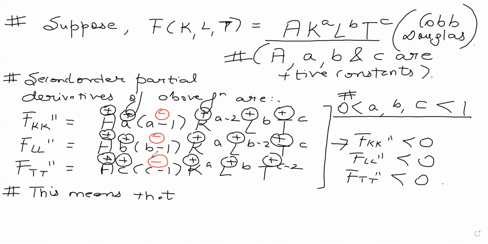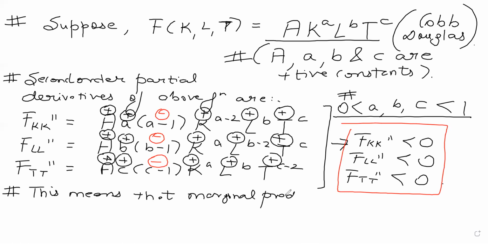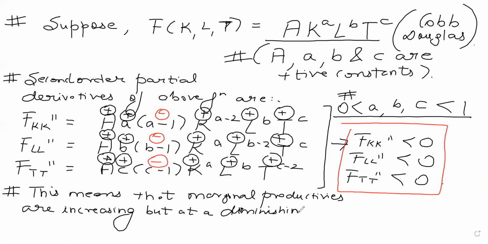And any negative term multiplied by all positive terms is going to cause the whole term to become negative. So if A, B, and C particularly lie between 0 and 1, that means they are fractions or proportions. Then this means that marginal productivities are increasing, but at a diminishing rate.